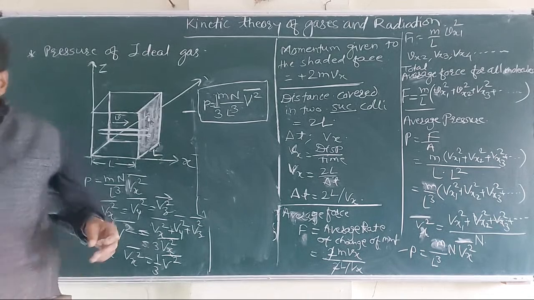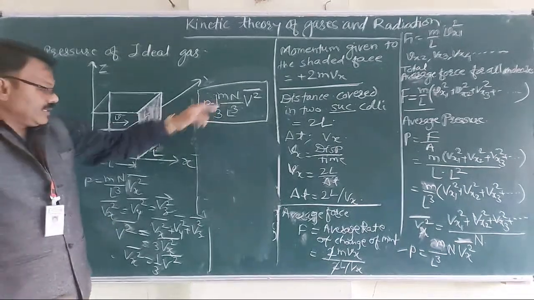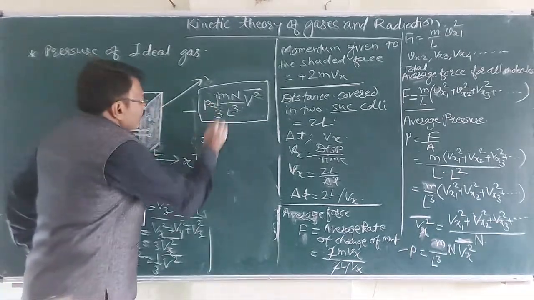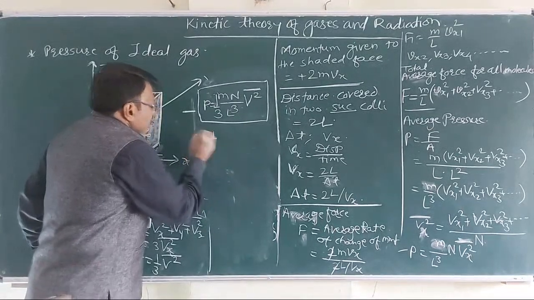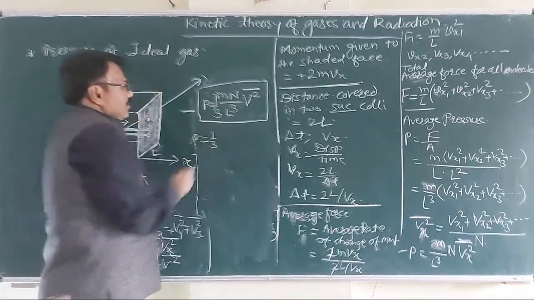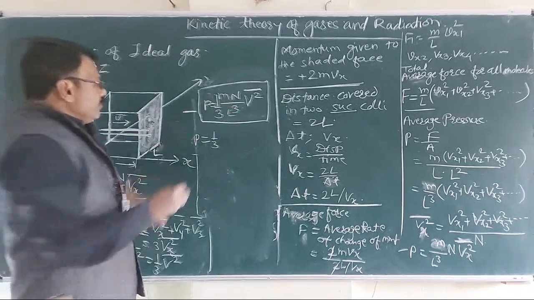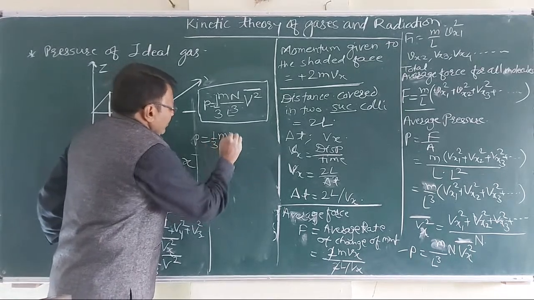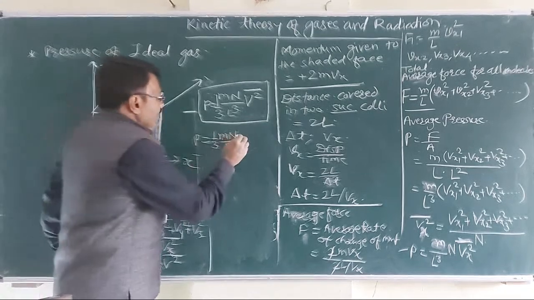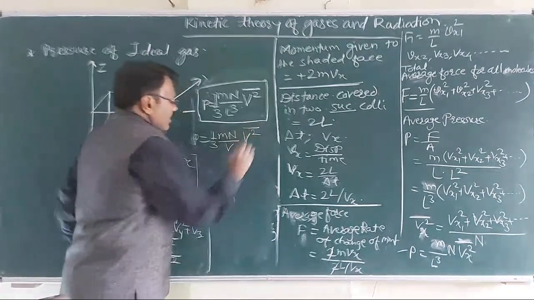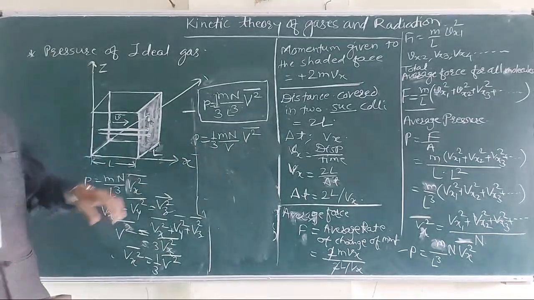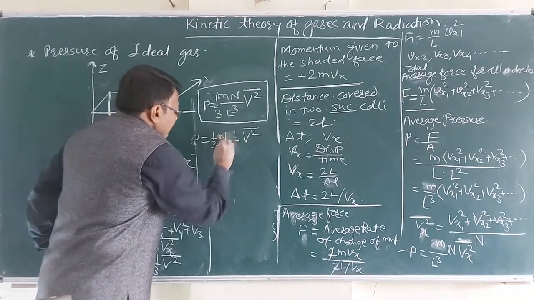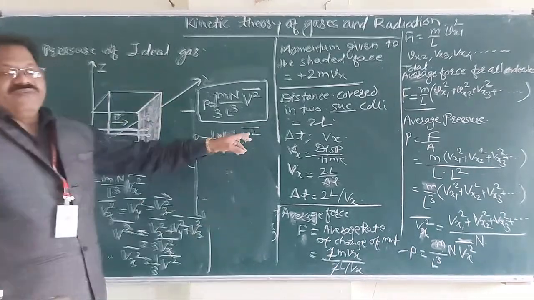Also we can write L cube is equal to V, the volume. Then in volume form, P is equal to 1 by 3 mn by V into V square bar, or in a particular form, generally it is written as n upon V into m V square bar.